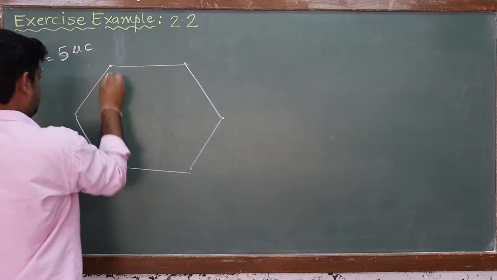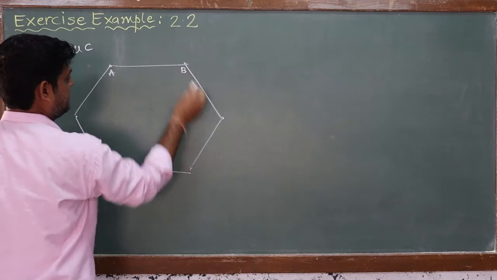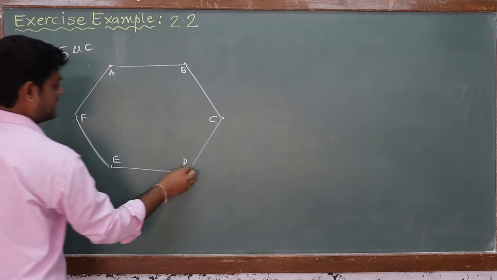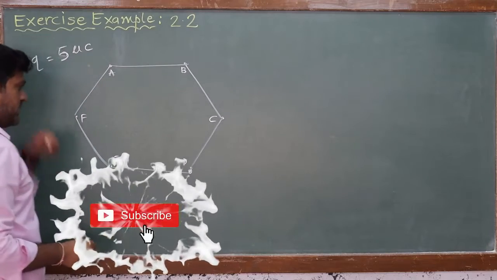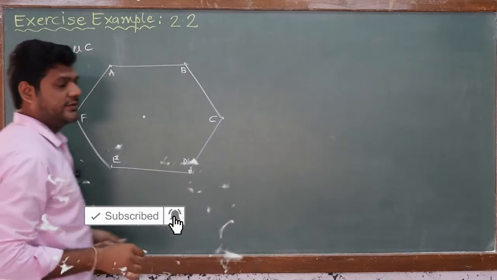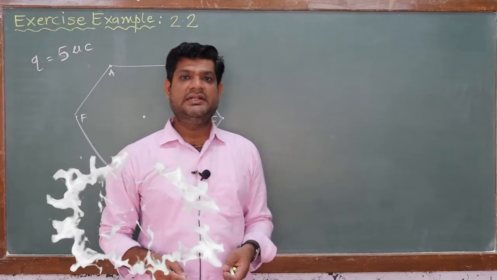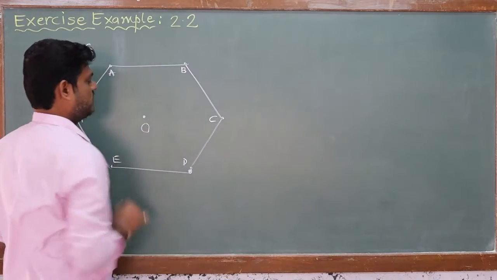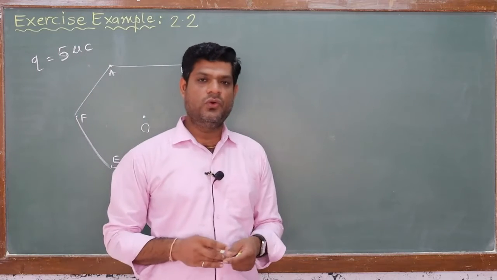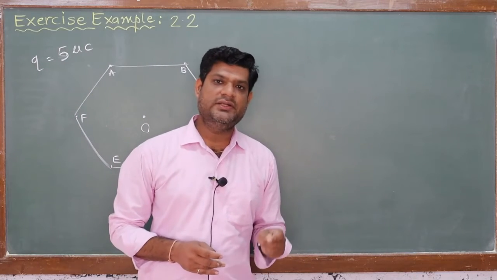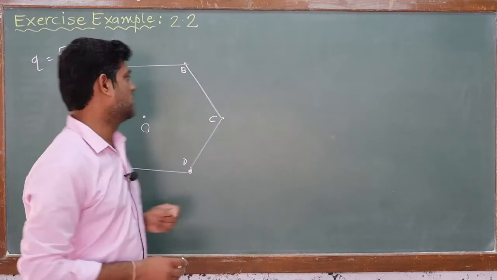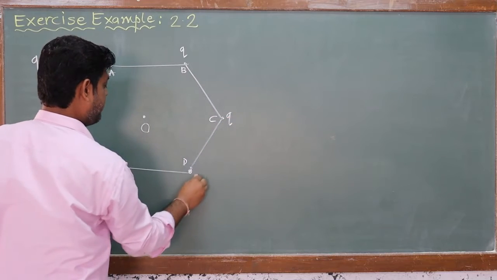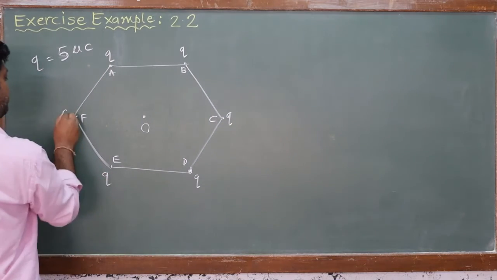Vertices A, B, C, D, E and F, 6 vertices are there, and the question is: find the potential at the central point O. All the charges are of equal magnitude, 5 microcoulomb. Right?